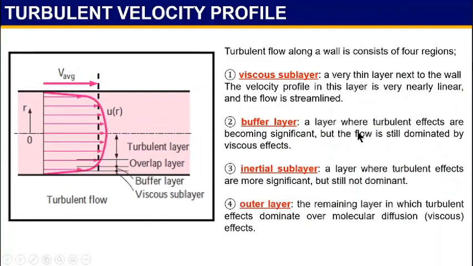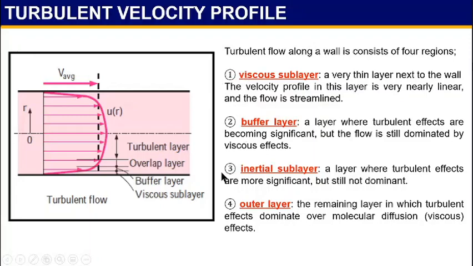To explain in detail, the viscous sublayer is a very thin layer next to the wall. The velocity profile in this layer is very nearly linear, and the flow is streamlined. The buffer layer is a layer where turbulent effects become significant, but the flow is still dominated by viscous effects, like the first layer.